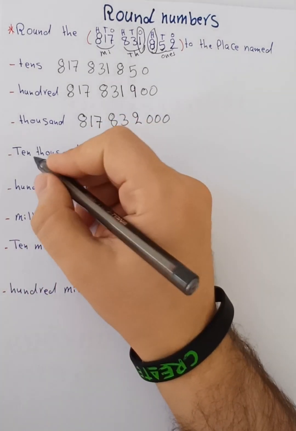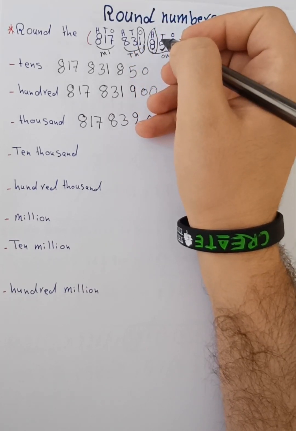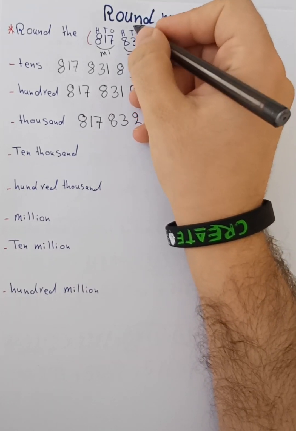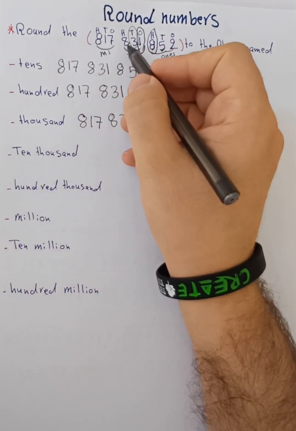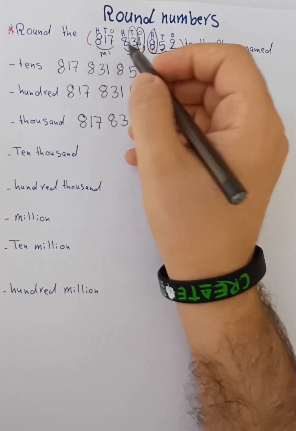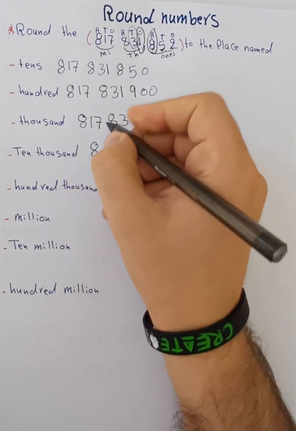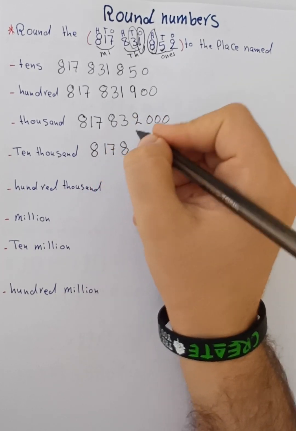After that we have to round 10,000. This 3 is 10,000. We have to write all numbers at left the same without change. So we have 817 and 8.